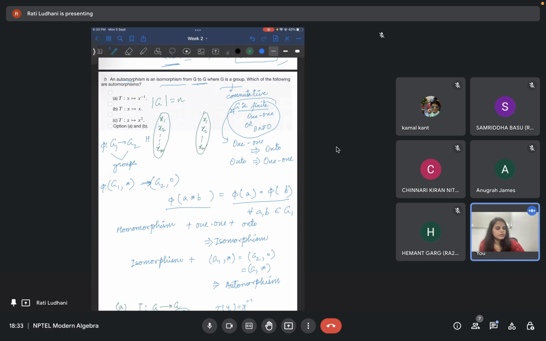So what will happen if you check one-one? That means every element has been mapped to only one element. So every element has exactly one image.